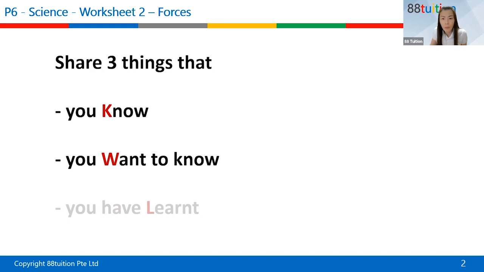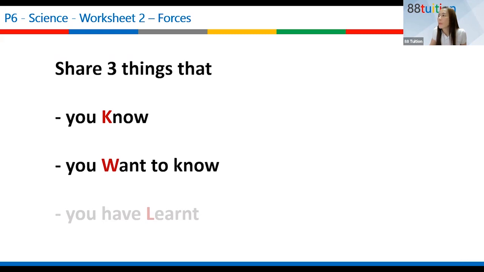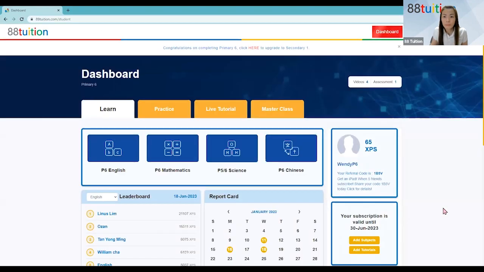Let me just take a look at my dashboard. Can I just show you all very quickly? Okay, Julian, you take a look, yeah? I will share with you how it looks like. Can you see this? Yeah?